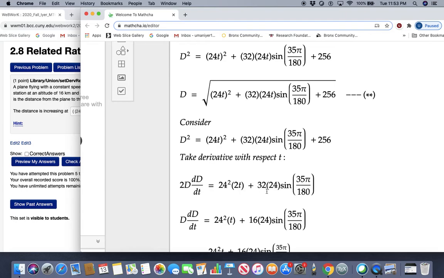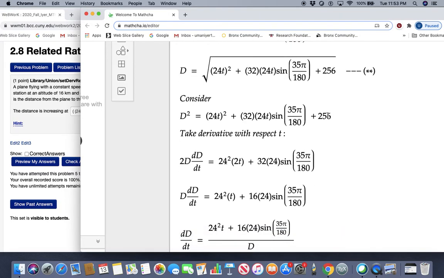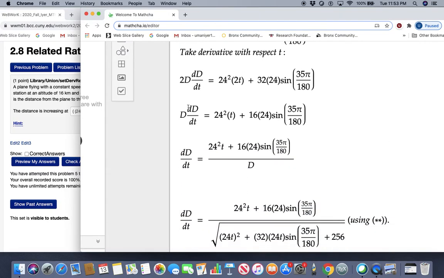So that's 2t. Here, there is a t only over here, so they are all constants. They all survive. Derivative of t is simply 1. Derivative of a constant is 0. So divide by 2 throughout to get rid of the 2.